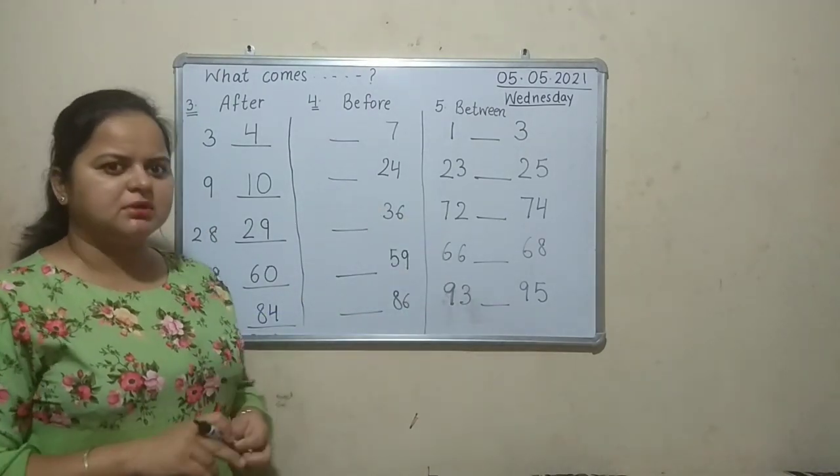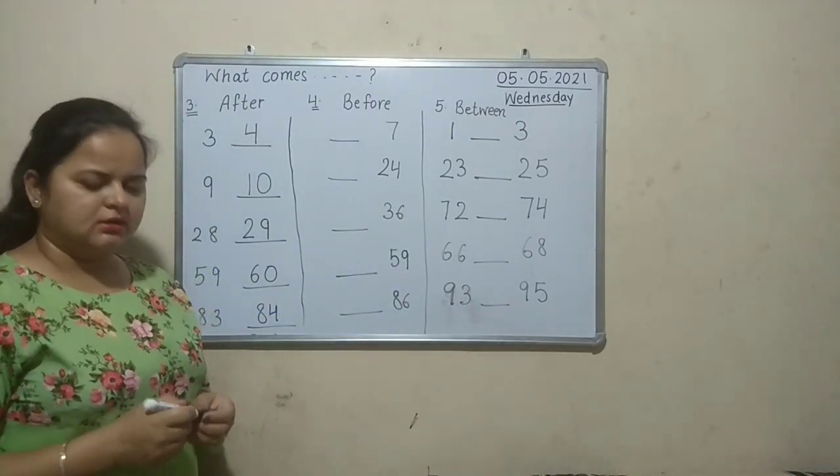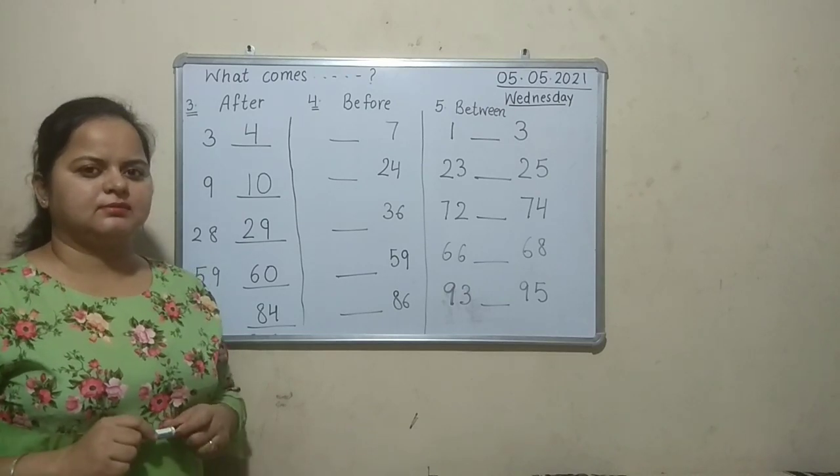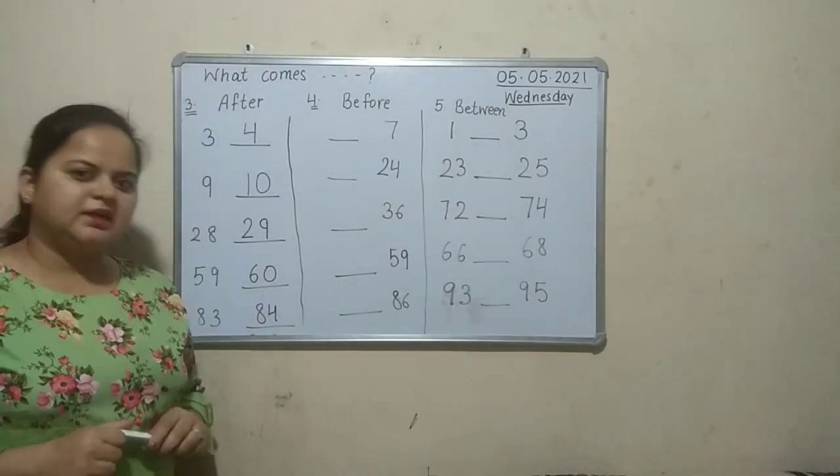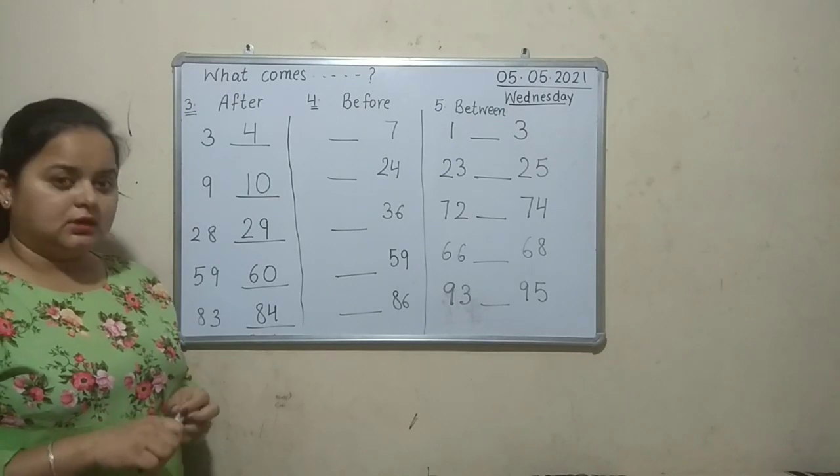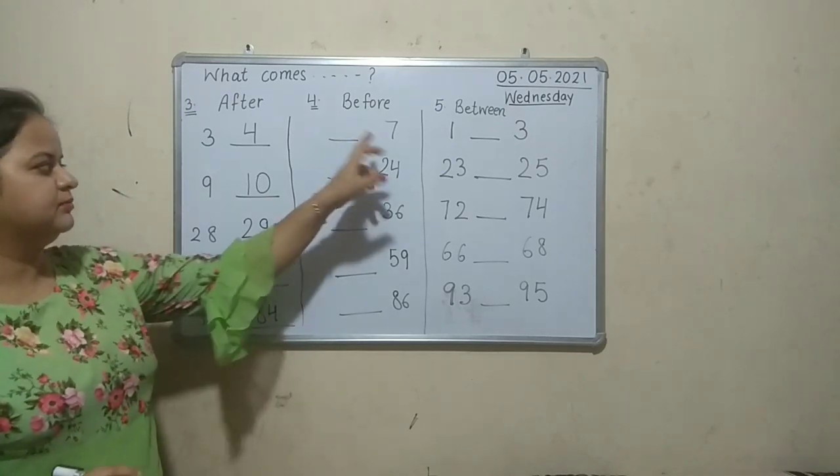You have to write the same numbers in your notebooks. Quickly, hurry up. Write the numbers. Done? Good. Now start with what comes before.